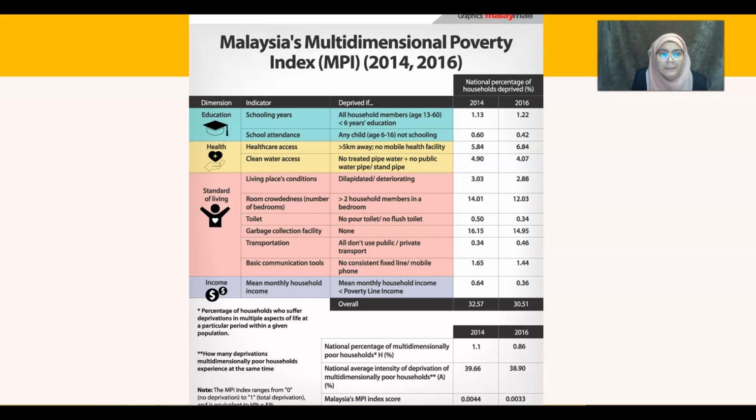In the standard of living dimension, there are a lot of indicators: living place condition, room crowdedness, toilet, garbage, transportation, and basic communication tools. For living place, the family is deprived if the dwelling is dilapidated or deteriorating. For room crowdedness, if there are more household members in a bedroom, around 3 or 4 members sharing the same bedroom, it is considered a deprivation.